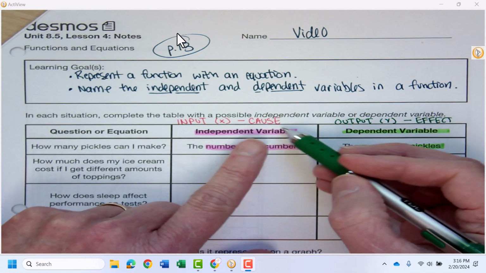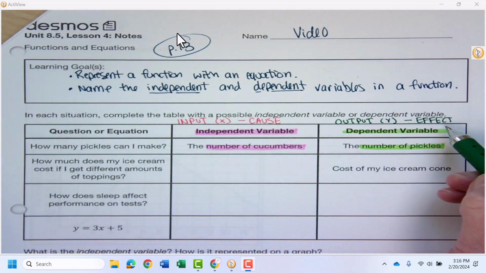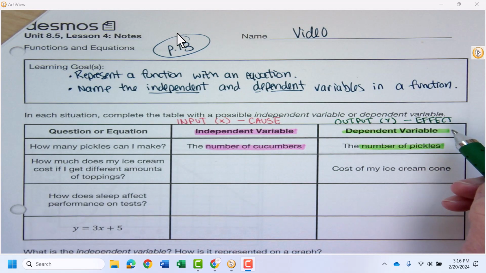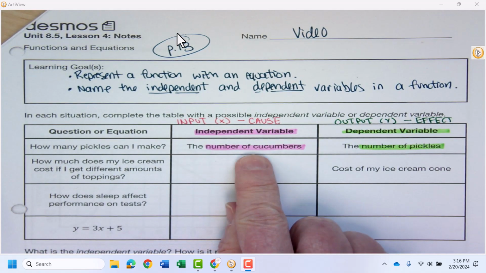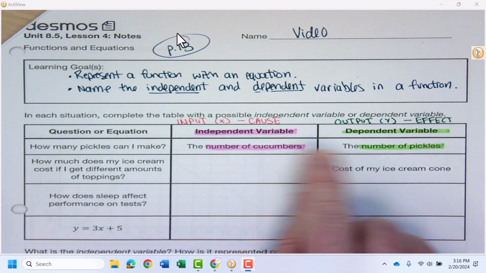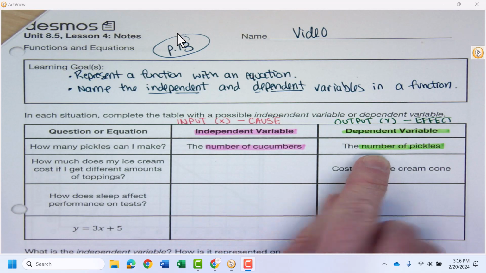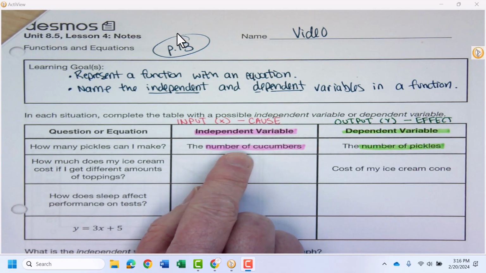Usually the independent variable happens first, and the dependent variable happens next because it's an effect of that independent variable. So I have cucumbers, and then I turn them into pickles. Cucumbers goes into the function machine, pickles comes out. So how many pickles can I make? Well, it depends on how many cucumbers I have.